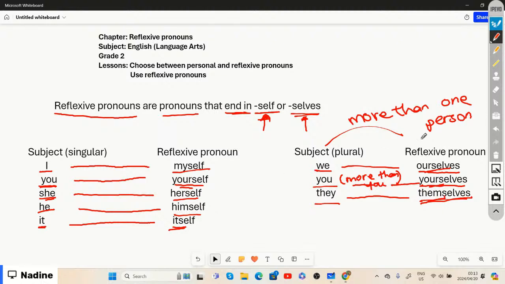We are referring to it as "selves," right? So if we have a plural subject, then our reflexive pronoun will end in "selves," and for a singular subject, the reflexive pronoun will end in "self."